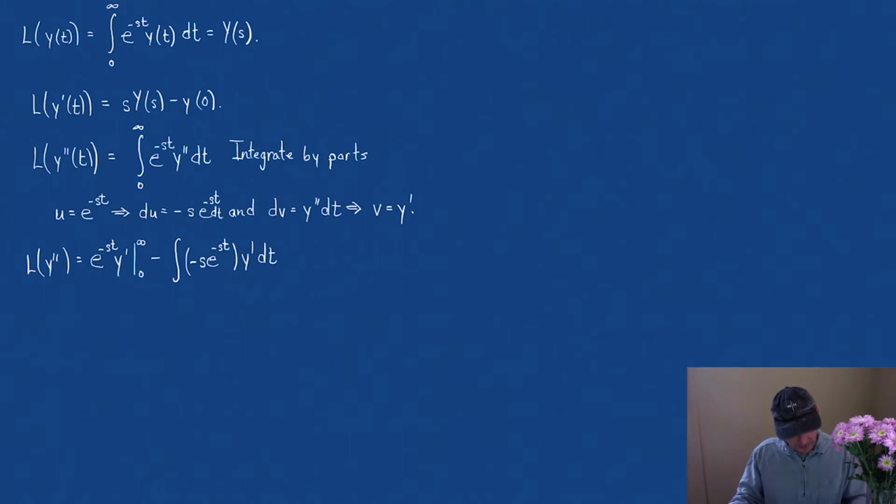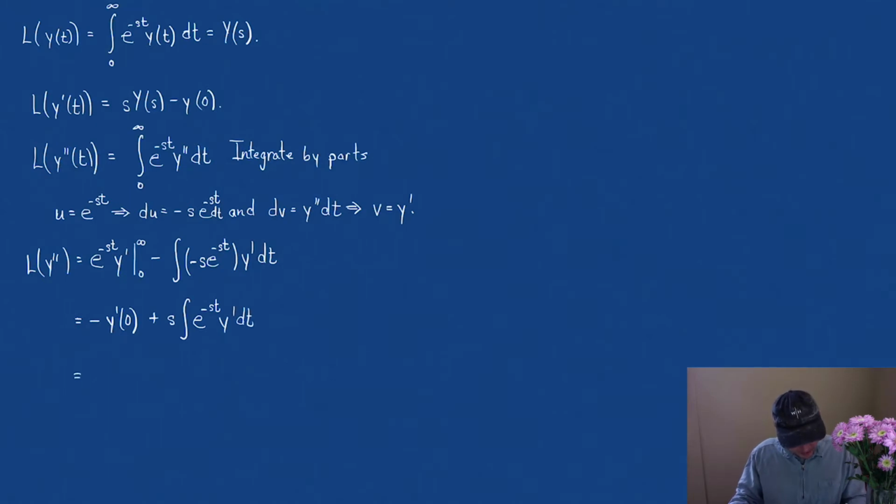Okay, and then when we evaluate this, e to the minus st evaluated at a large number is 0. So then we're going to pick up a minus. If we evaluate e to the minus st y prime of t at 0, we're going to pick up a y prime of 0 because e to the minus s times 0 is just 1. And then we're going to have a plus s times the integral of e to the minus st y prime dt. Now look at this.